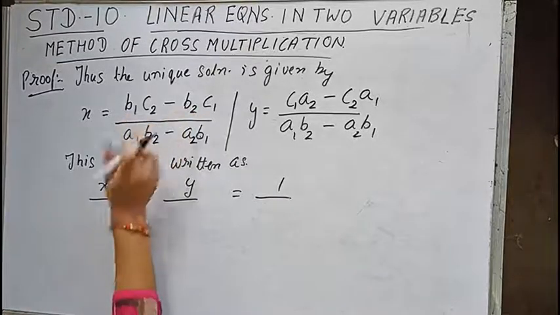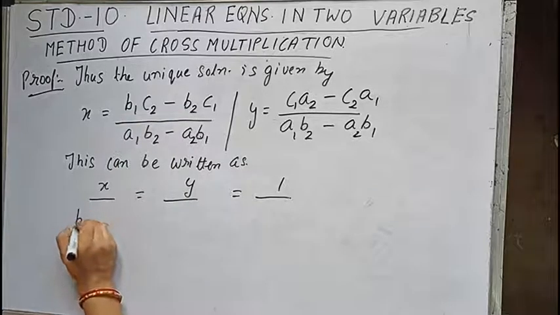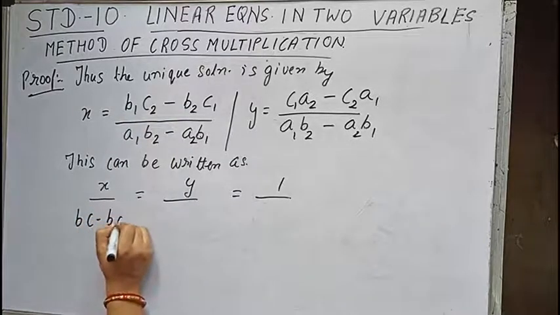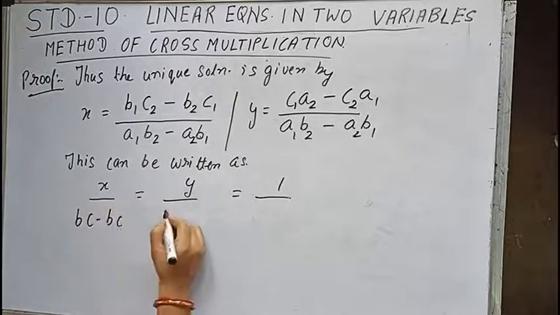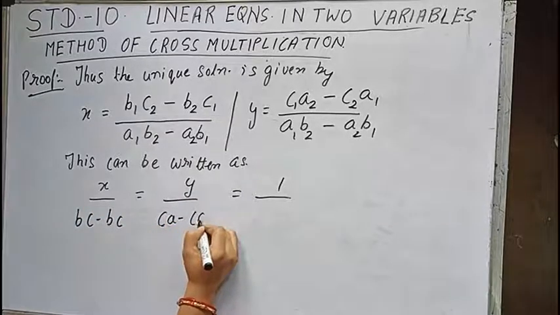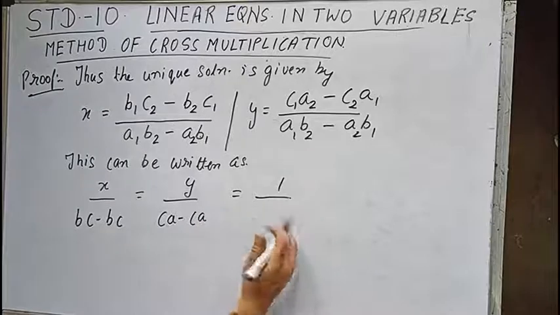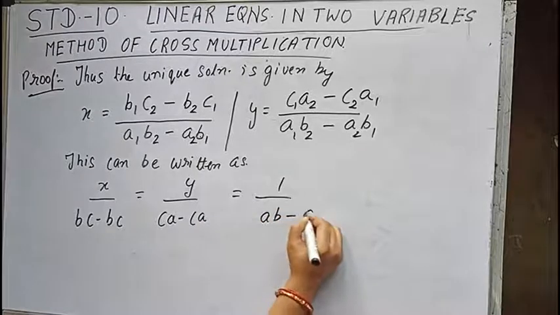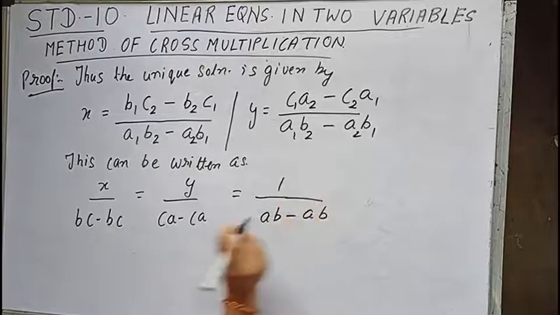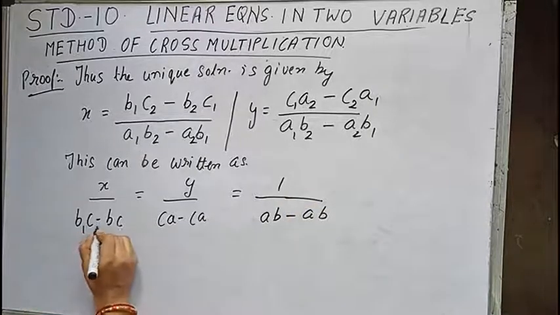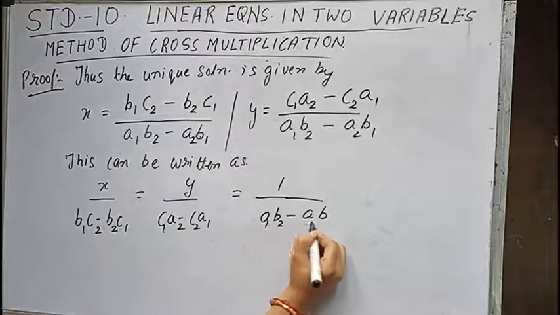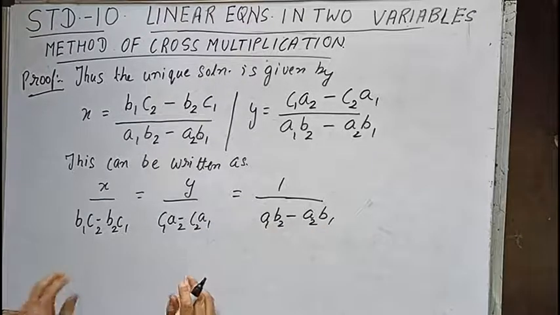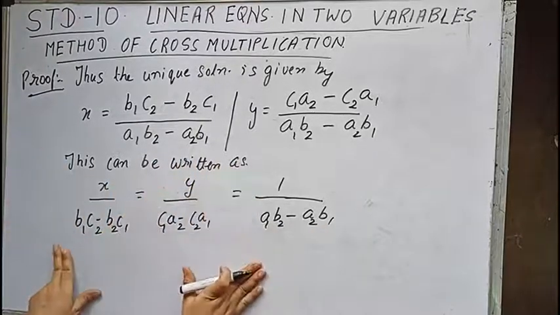So x divided by this one: bc minus bc. The coefficient of y was b, so we will not write b, we will write ca minus ca, and for 1, the constant term, ab minus ab. Now over here 1 2 2 1, 1 2 2 1, 1 2 2 1.